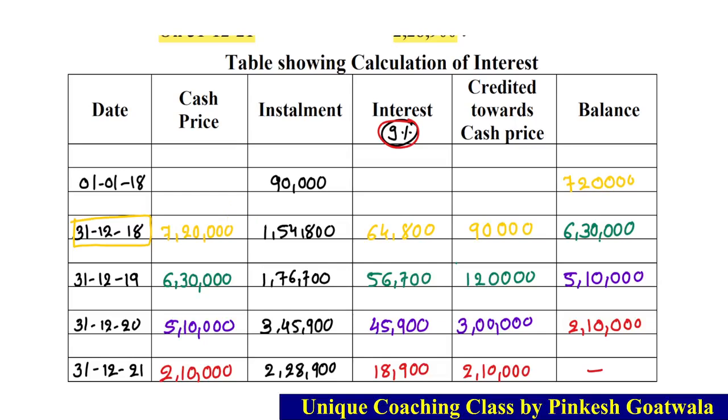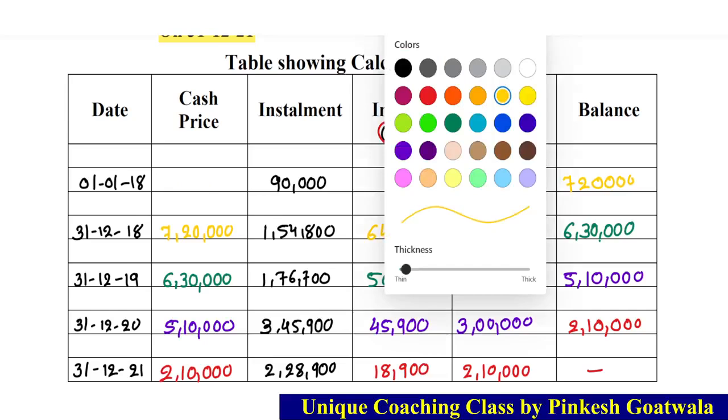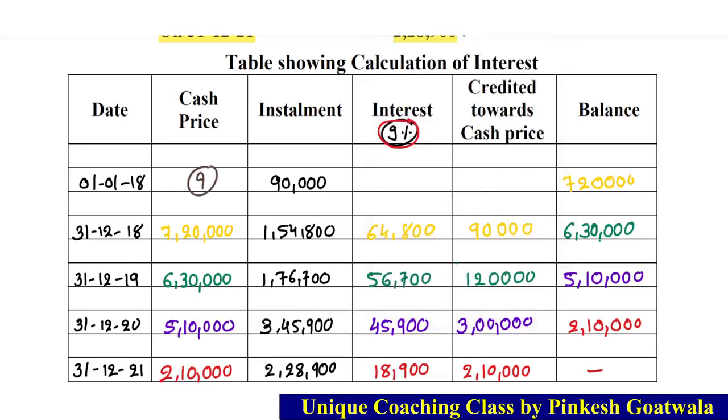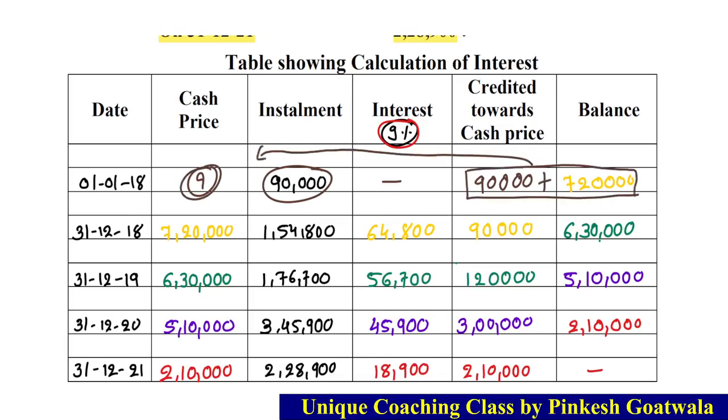Now what is remaining? Now we get the cash price. We don't have a cash price, but we have this down payment, and we know that here interest is always nil, so the payment will be 90,000. And for the last point, we get the cash price: whatever the total of payment and balance comes, that will be the cash price.